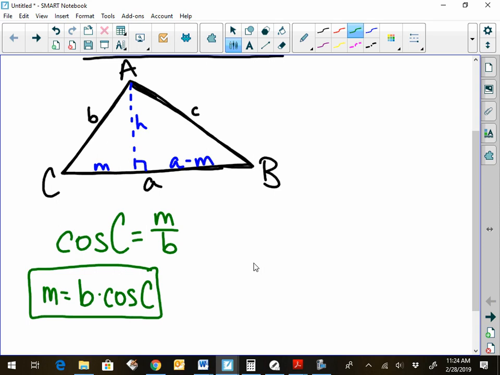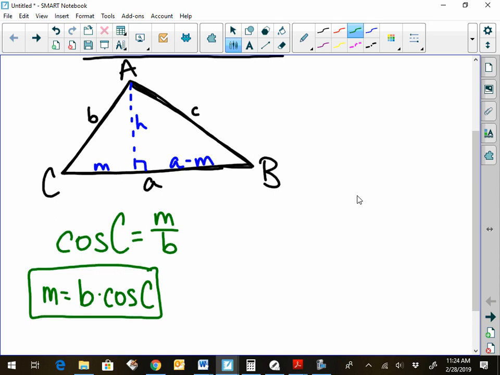Another thing we can do is look at these triangles, and something we know how to use with right triangles, when looking for sides and angles, is the Pythagorean theorem. So let's try.